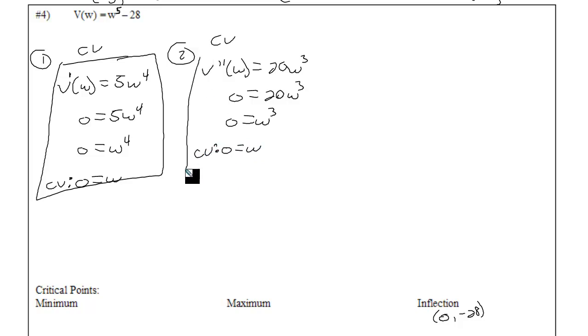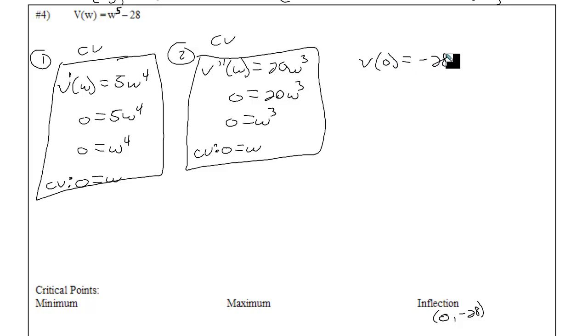So it appears as though there's two critical values, but there's not. It's just repeated. If you plug this into the original function, you get negative 28.